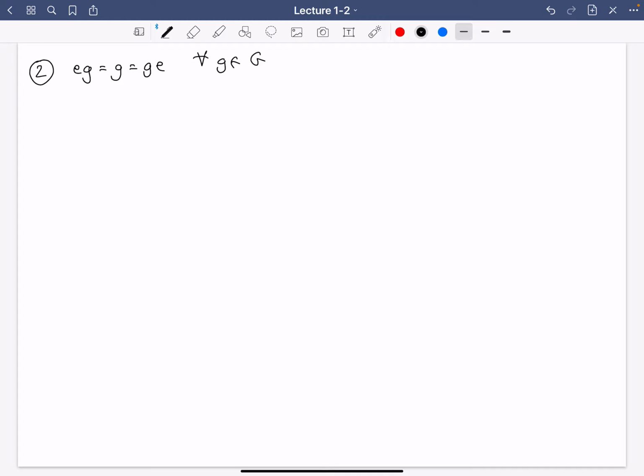To do that, basically you have to write this unit axiom as a diagram.